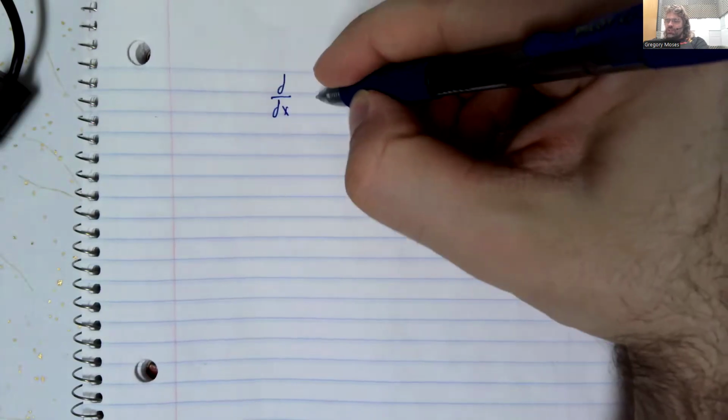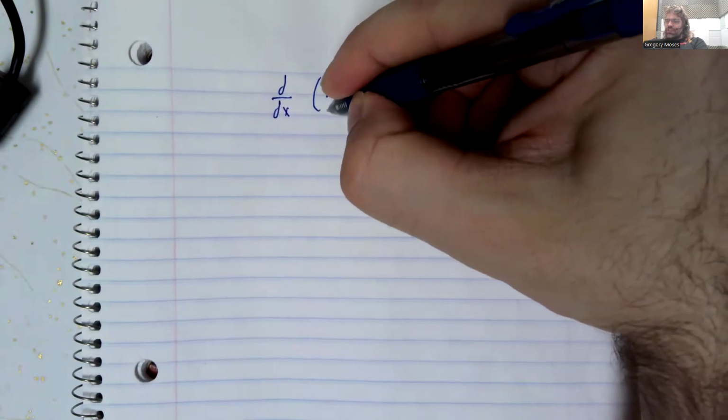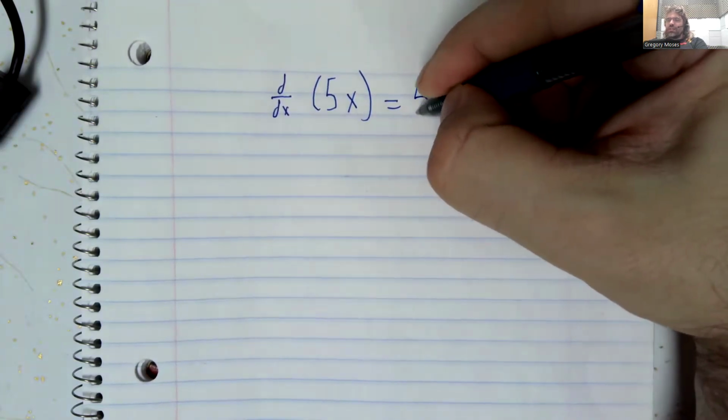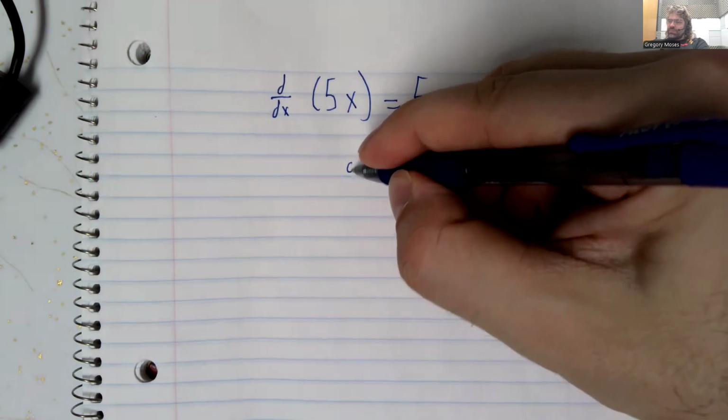So, the derivative of a sum is the sum of the derivatives. The derivative of a difference is the difference of the derivatives, but the derivative of a product is not the product of the derivatives. It can't be. And I say that it can't be because we know that the derivative of 5 times x is 5.